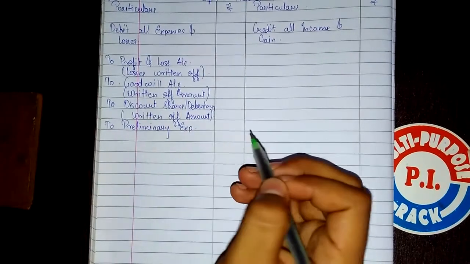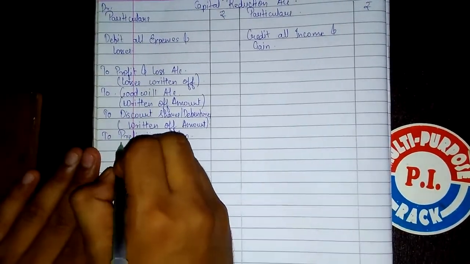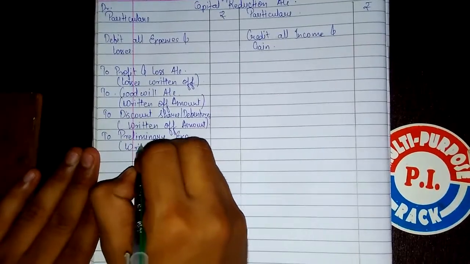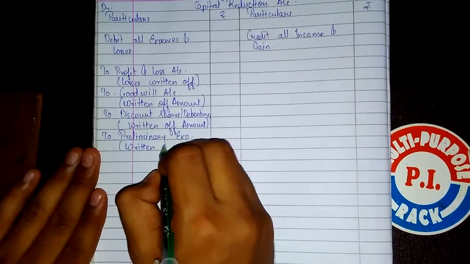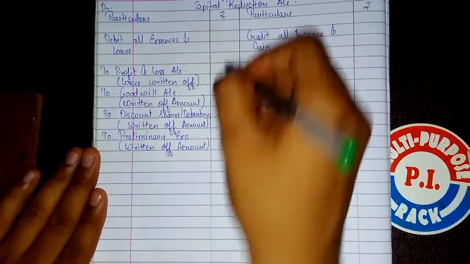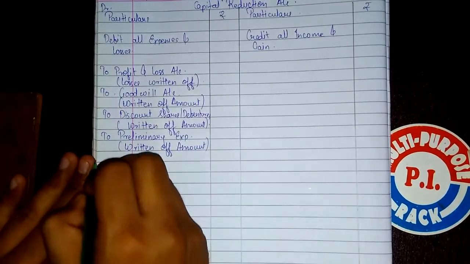These are the expenses which are incurred on formation of the company. So these expenses are shown on the asset side of the balance sheet. So that's why this has to be written off. Written off amount. You have to write in this column. Okay, I am writing amount. That means you have to write it in this column.